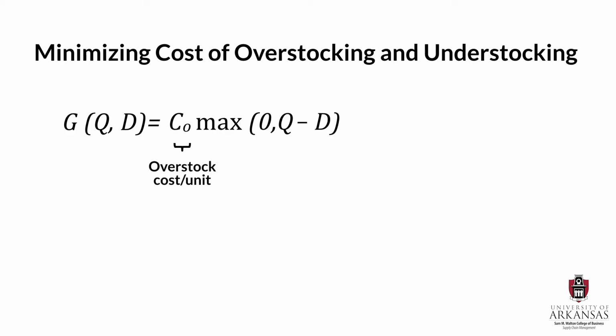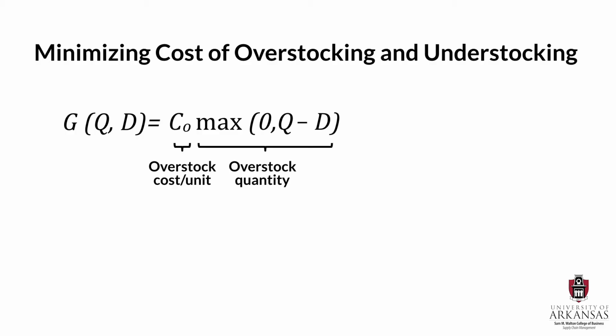The cost of overstocking per unit is C sub O, and we multiply this value by the total overstock quantity. Of course, we only overstock if it turns out that Q was greater than realized demand D. Otherwise, there is no overstock cost.